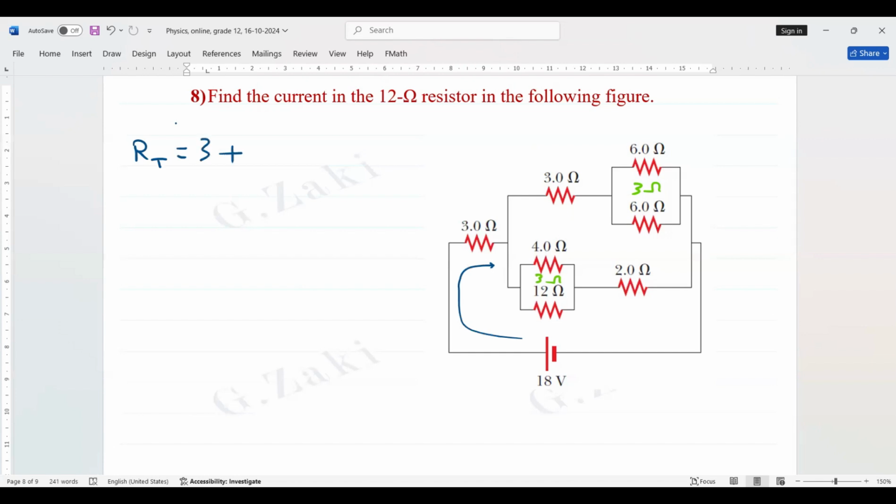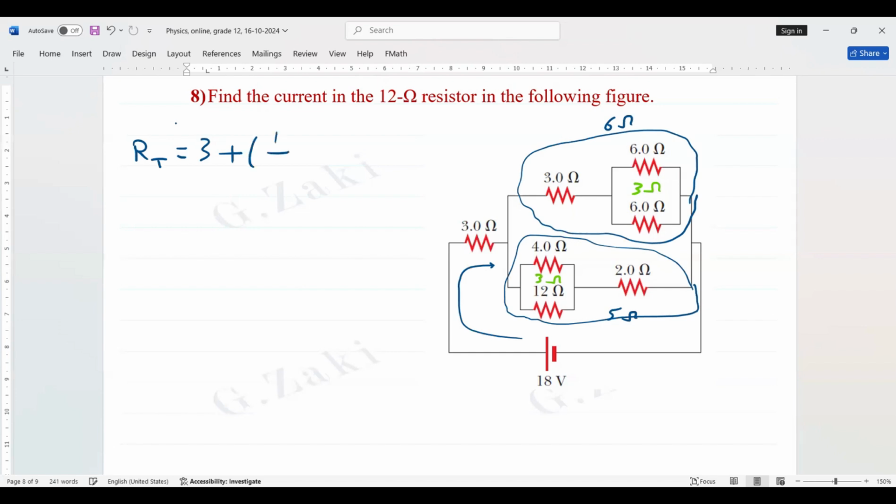Now, we can replace this all by 3 plus 3, 6 ohms. And this branch by what here? Can you see? 3 plus 2, it's 5 ohms. They are in parallel. Then it's (1/6 + 1/5)^-1.